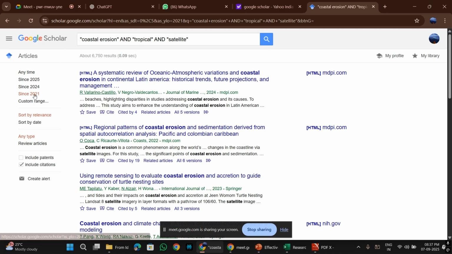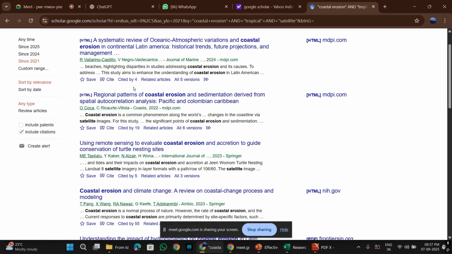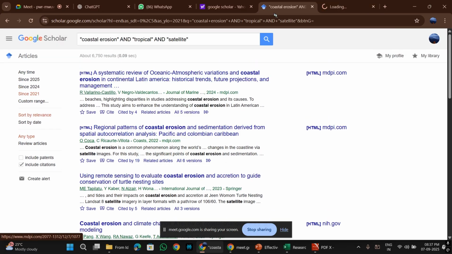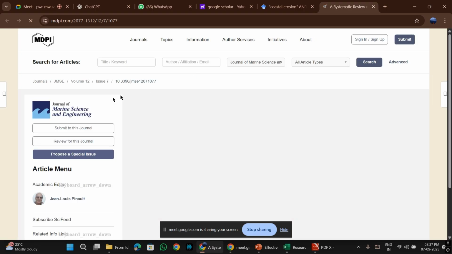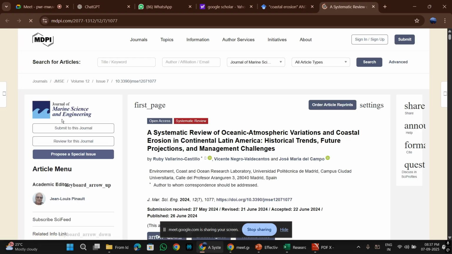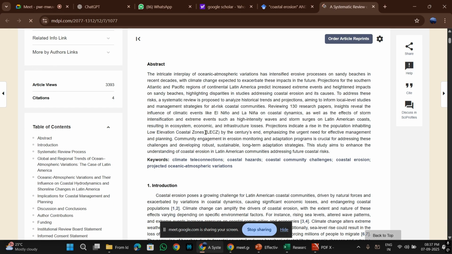Ever since 2021, these are the ones: a systematic review of oceanic atmospheric variations and coastal erosion in continental Latin America, historical trends, future projections, and management. The word tropical must also be there somewhere. Okay, so these are the researches. Among these, I can open one and see that it is published in a credible journal; yes, MDPI is a credible journal, right? So I can read the abstract.